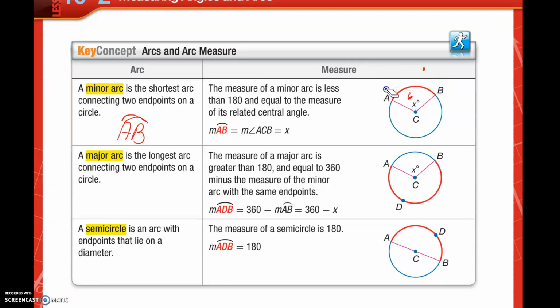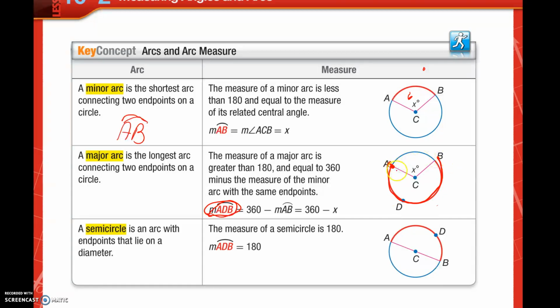and not straight lines. A major arc is anything greater than 180, and that you do have to do 3 letters. So you're going to tell the person where to start, to go through, and where to end. So this is arc ADB. It's greater than 180, so it's a major arc, and we have 3 letters.